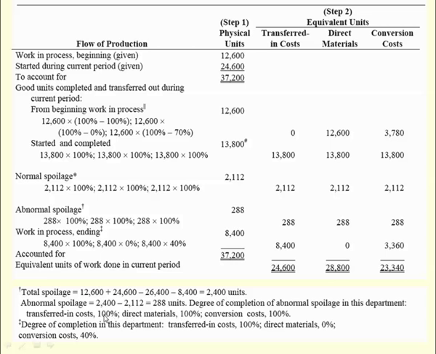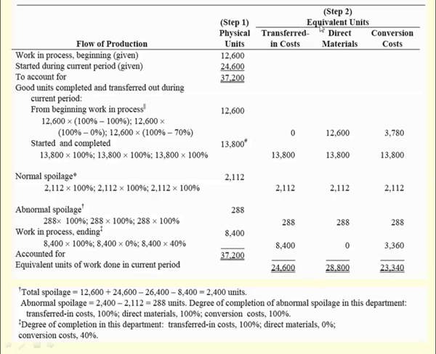Degree of completion 100% transfer in, 100% direct materials, and 100% conversion costs. Work in process ending 8,400 units, 100% for transfer in, 0% for direct materials, as direct materials are added at the end of the process, and only 40% completion percentage for ending work in process.